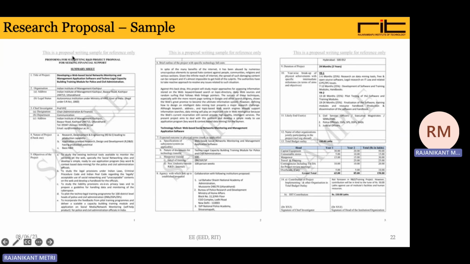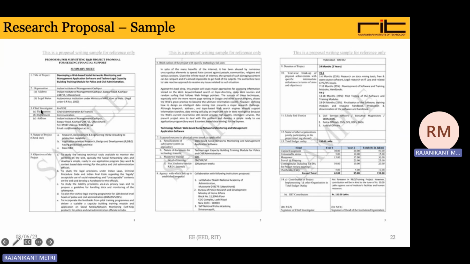If you see a pro forma for submitting an R&D project proposal for seeking financial support, firstly you need to give the title of the project, then the organization, address, legal status, and who is the chief investigator.